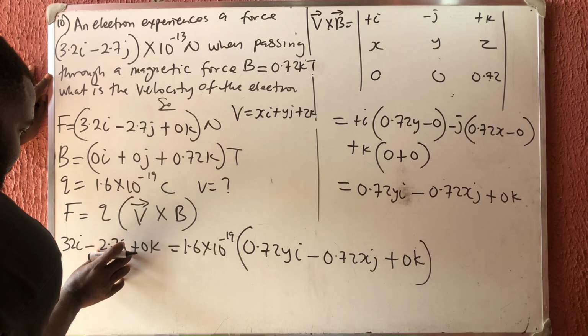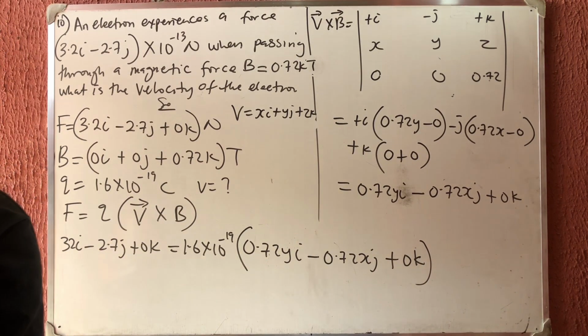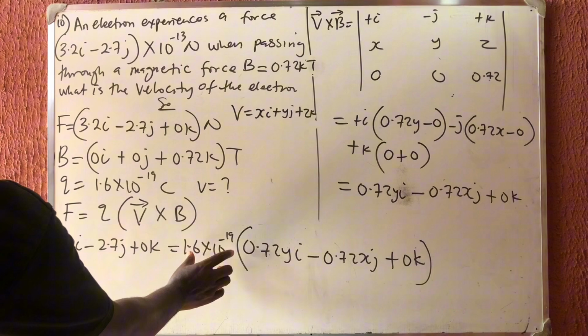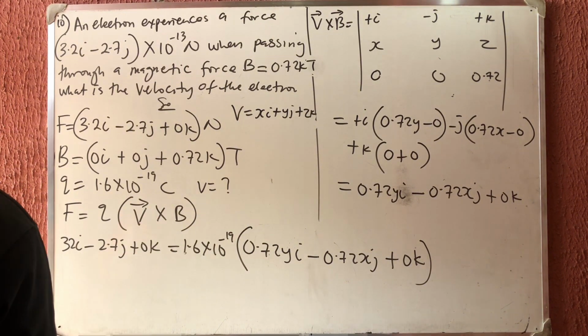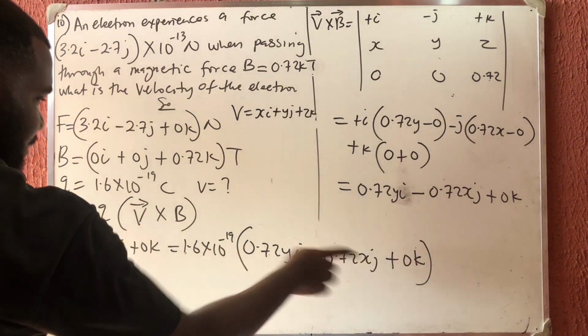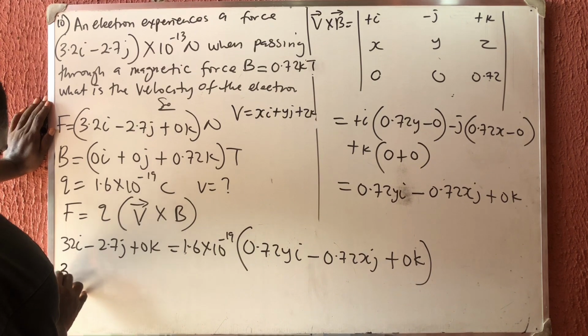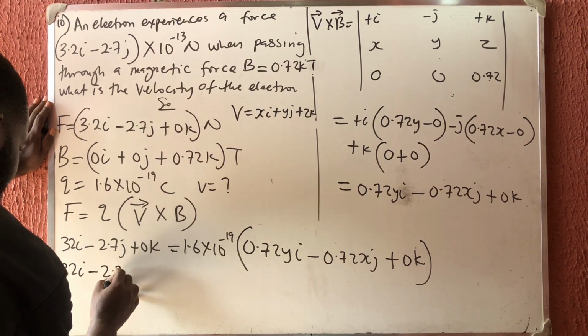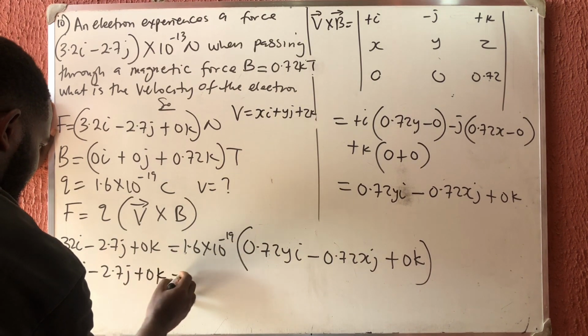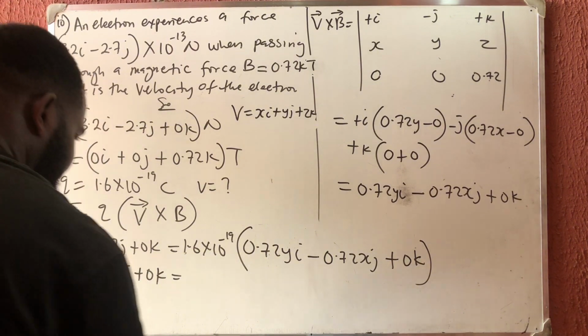All right. I don't know how I'm going to make you understand this. Okay, first of all, let me leave this and multiply this one first. So I'm going to have 32i minus 2.7j plus 0k is equal to 1.6 times this.